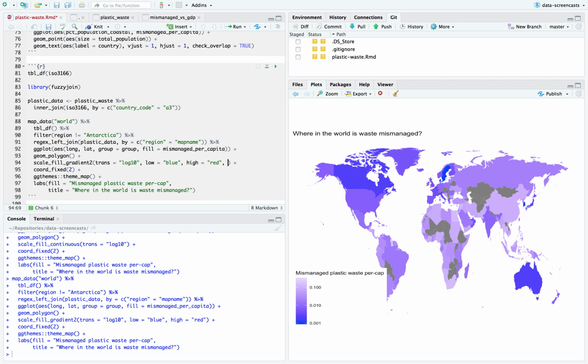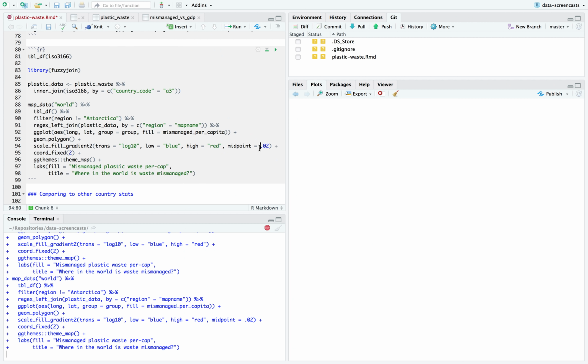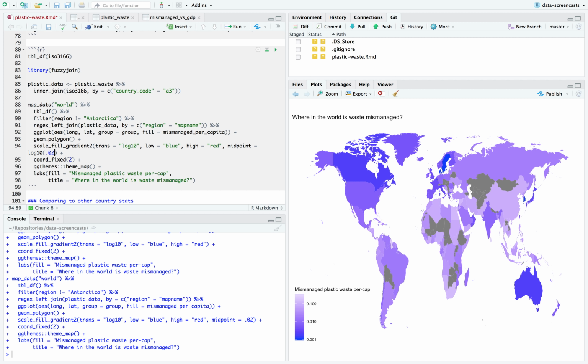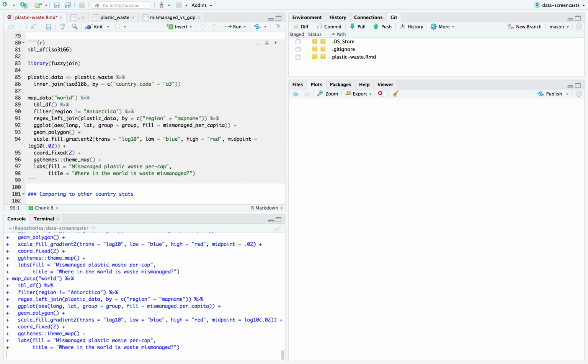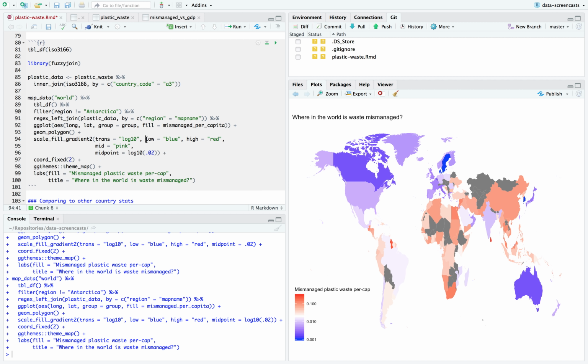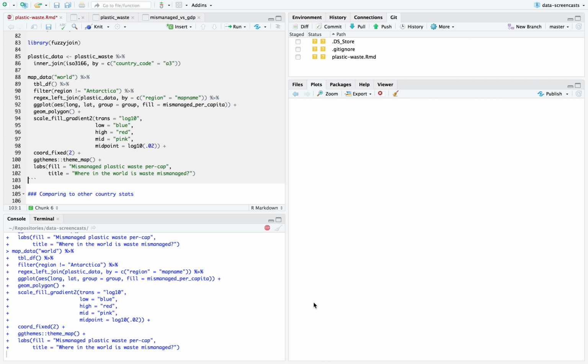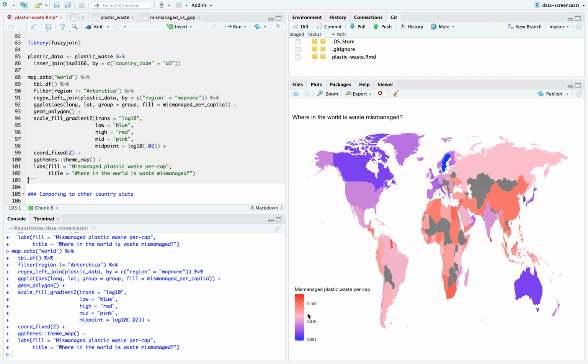And midpoint. It's got to be, I think, log 10 of 0.2. I think I've seen that before. We have to make the middle some color. Like in this case, we'll have to make it pink. Otherwise, we get areas that are entirely white just because they happen to be right at the median.